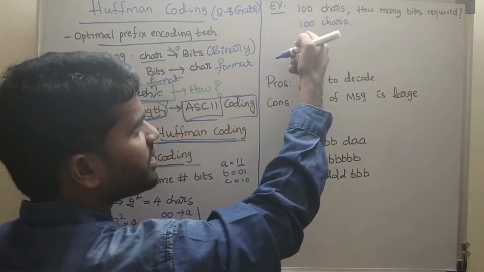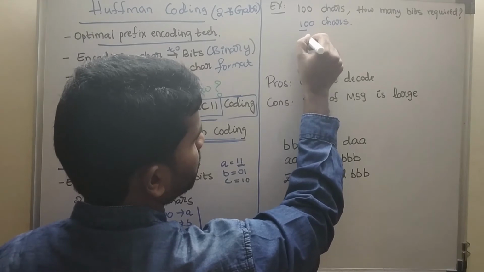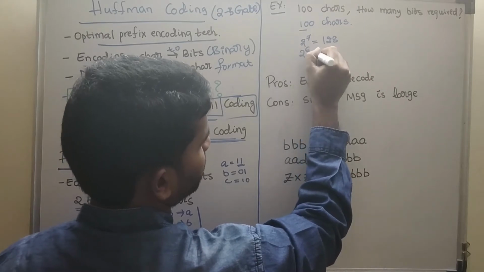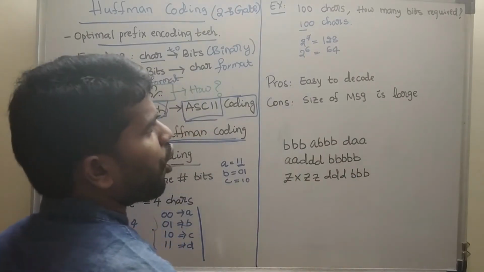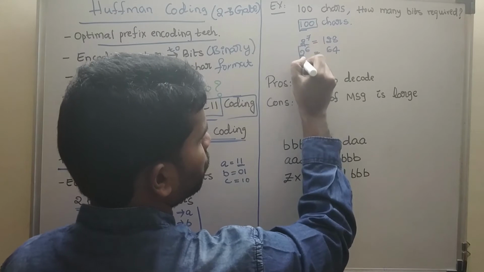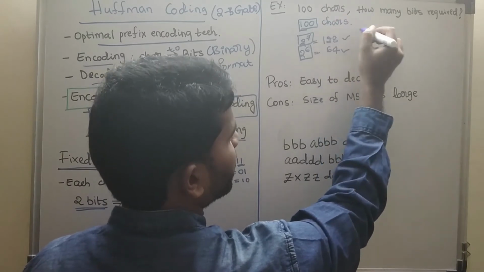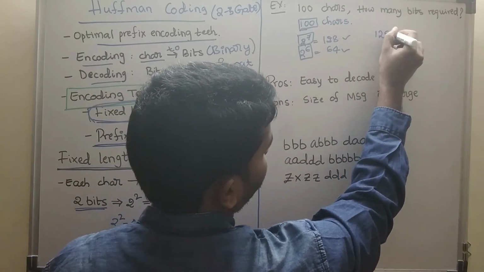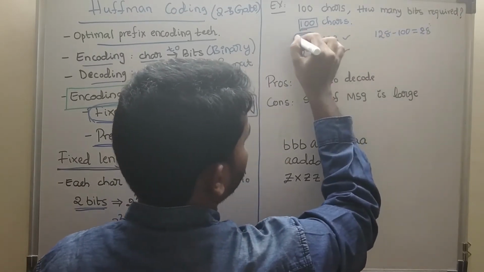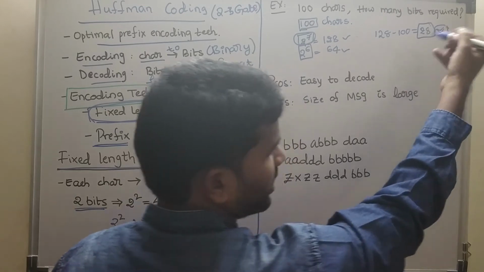How many bits are needed? 2 power 7 is 128. 2 power 6 is 64. But we need to represent 100 characters. If you take 2 power 6, it's 64. If you take 2 power 7, it's 128. 128 minus 100 gives 28, so if you take 2 power 7, you are left with 28 spare codes, which you can use for other characters.